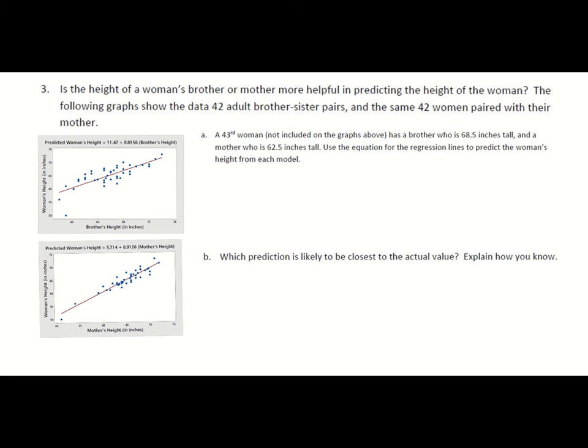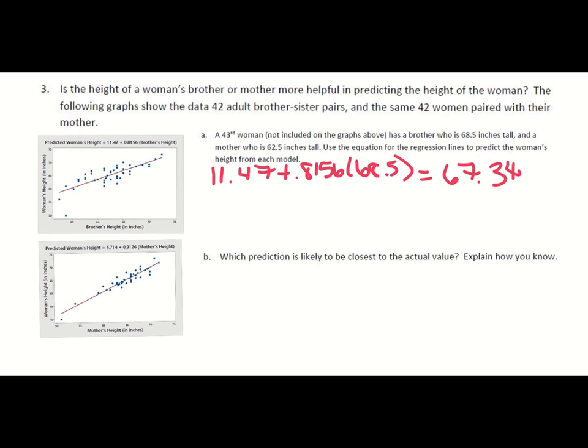So if I do my equation, that's 11.47 plus 0.8156 times 68.5. That's the brother's height. That's going to give me 67.34. And then it says a mother who is 62.5 inches tall.